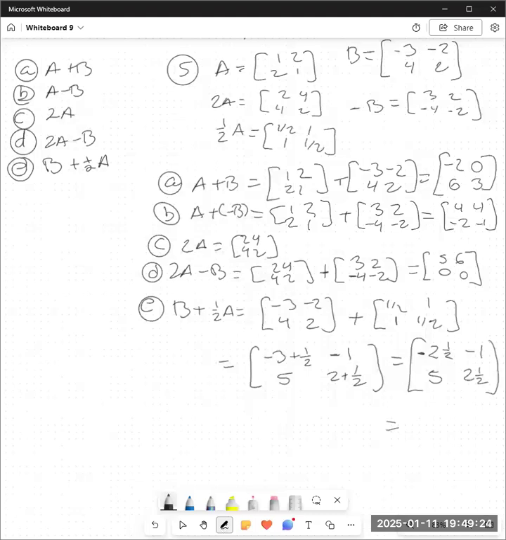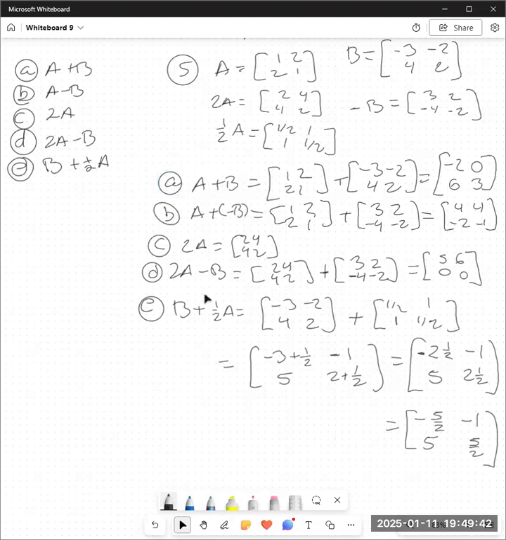Let's make those improper fractions: [-5/2, -1; 5, 5/2]. And that's it for number 5.